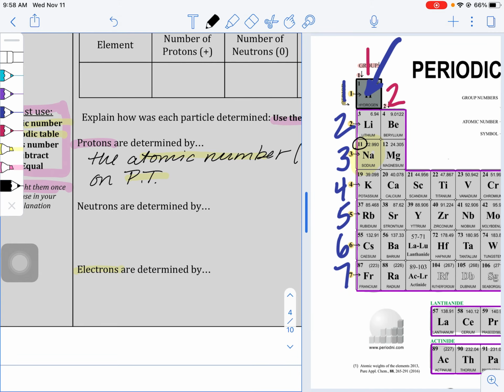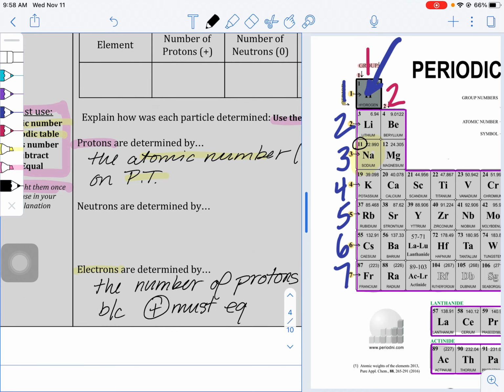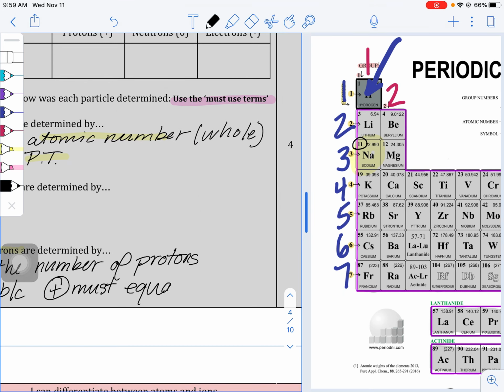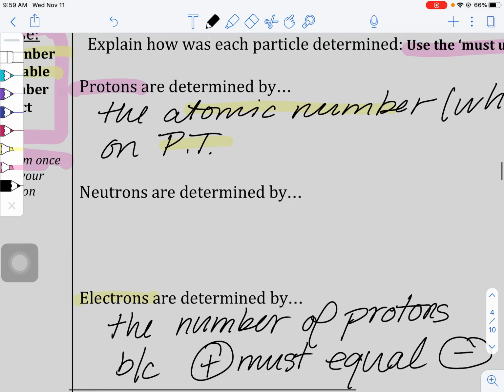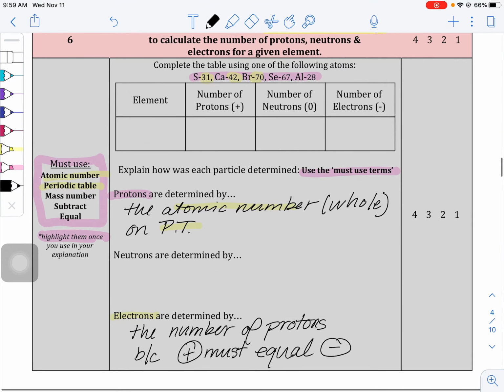So electrons are determined by the number of protons, like we said, because the positives must equal the negatives. Okay, neutrons then are determined by using that given mass number.